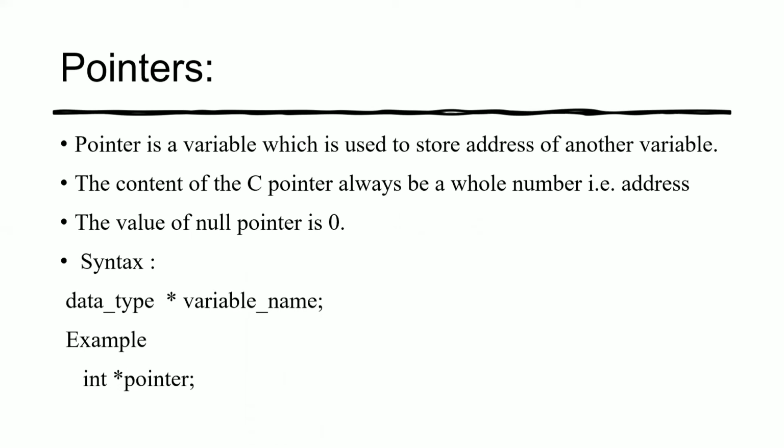Null pointer value will be 0. Syntax to declare a pointer is, first we mention the data type, then star, then variable name. For example, int *pointer. So it will store the address of an integer variable.